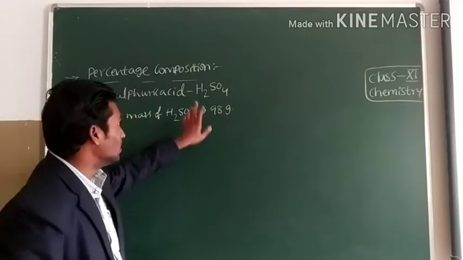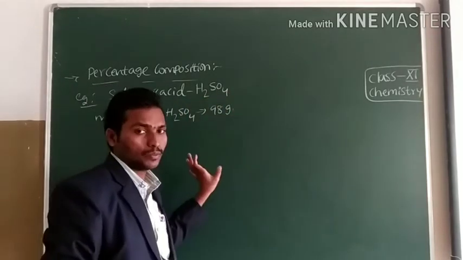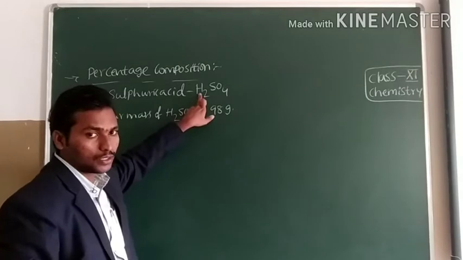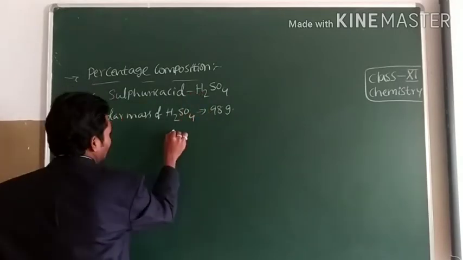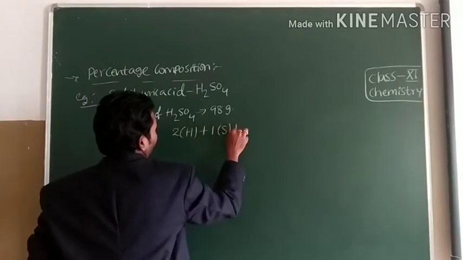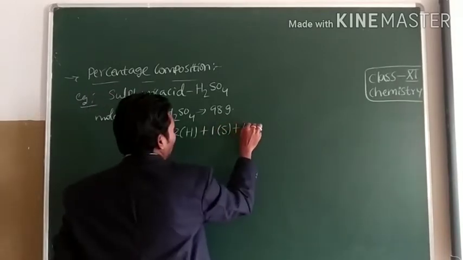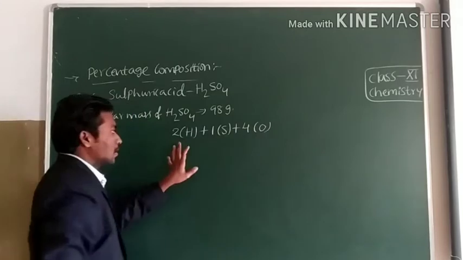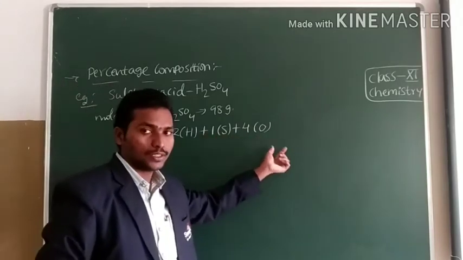It is the sum of the atomic masses of the elements in the given molecule. Here two hydrogen atoms are there, so 2 into 1, 2 into hydrogen, plus 1 sulfur atom and 4 oxygen atoms.